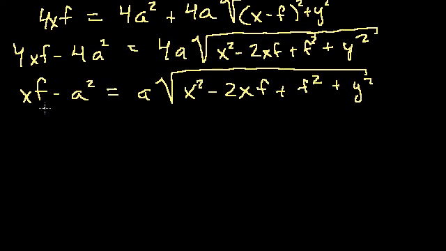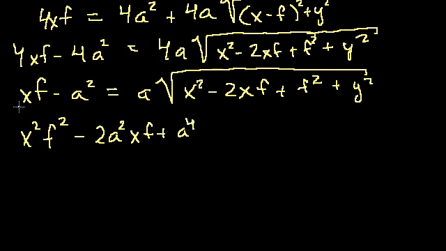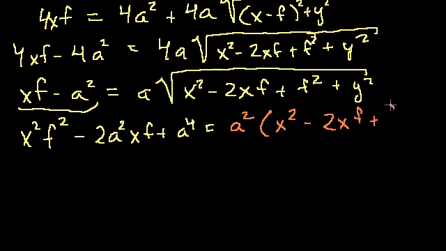If you square both sides, this side becomes x²f² − 2a²xf + a⁴. That's this side squared. And that's equal to, if you square the right-hand side, a² times the square root is just that expression, x² − 2xf + f² + y².